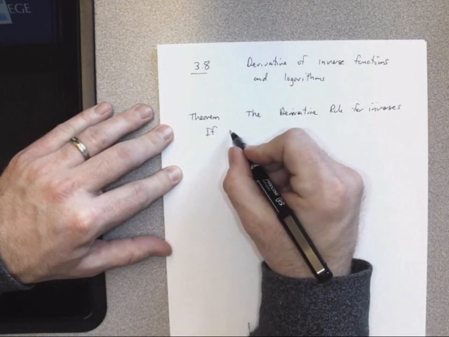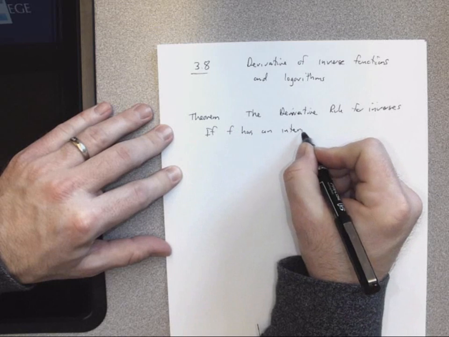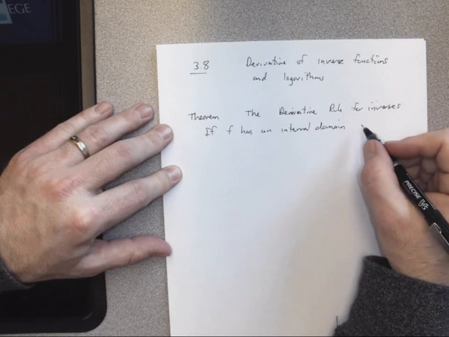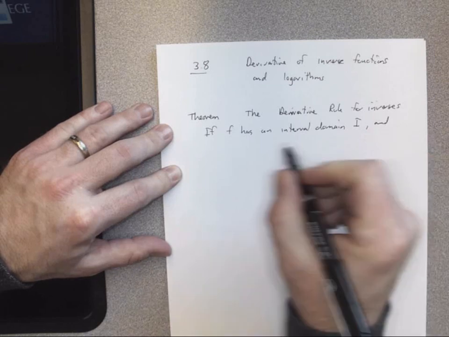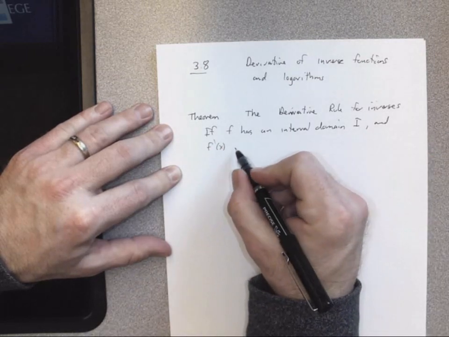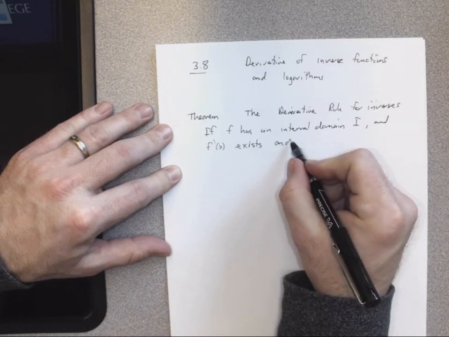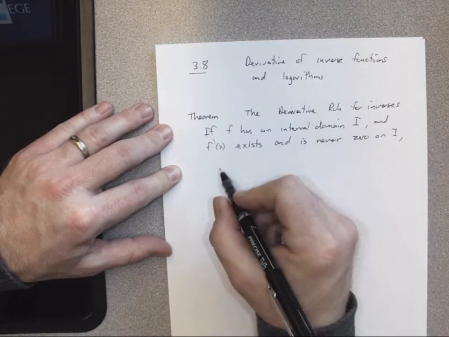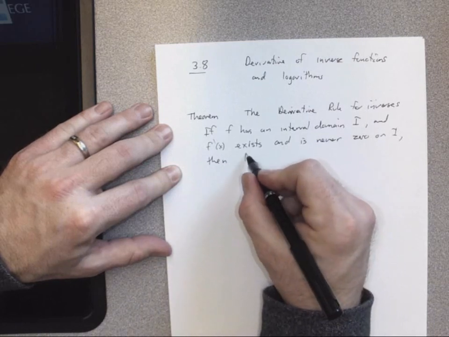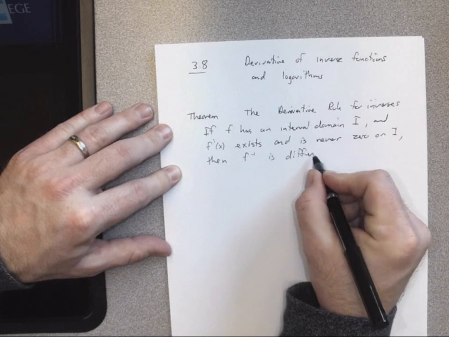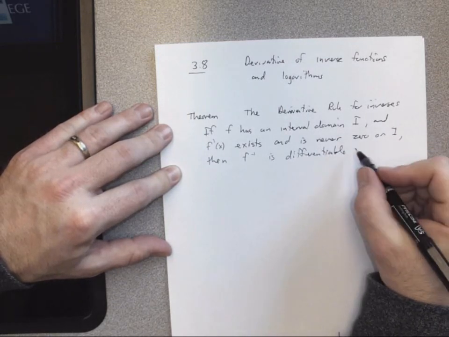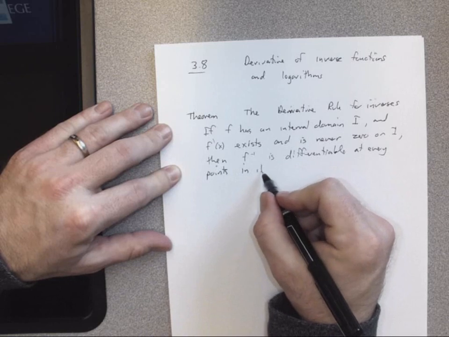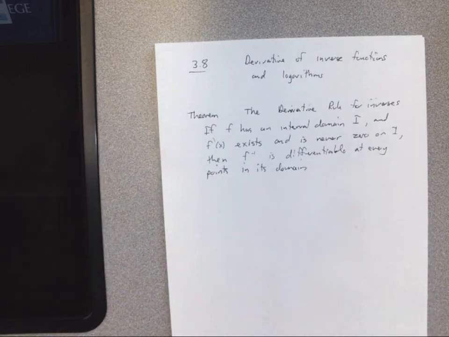So if f has an interval domain I and f prime of x exists and is never zero on I, then its inverse is differentiable at every point. So really this is just kind of talking about where it exists.